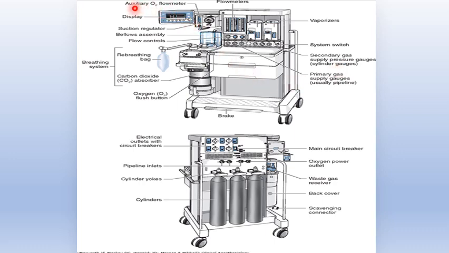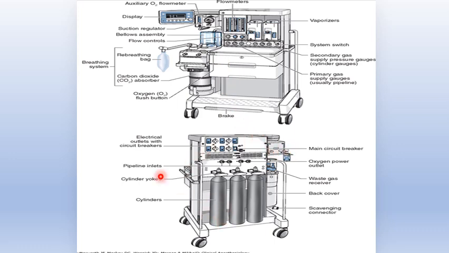We have an auxiliary oxygen flow meter, a display here, a suction regulator, and a bellows assembly for mechanical ventilation. The breathing system is composed of a rebreathing bag, a carbon dioxide absorber here, and an oxygen flush button here.